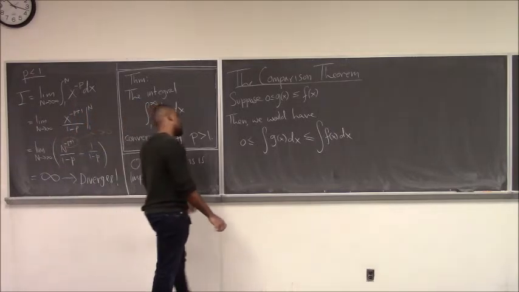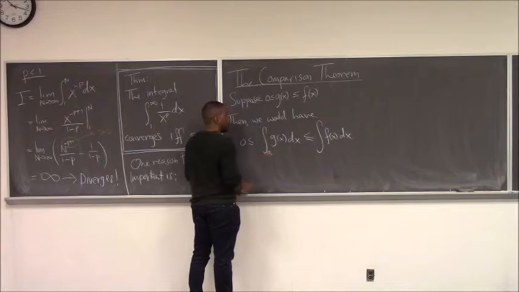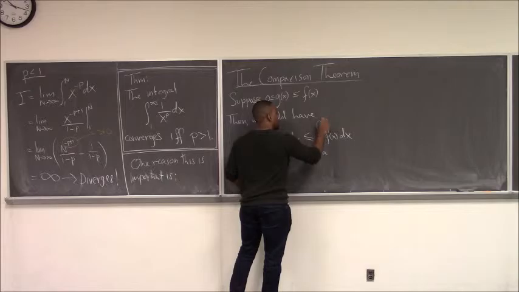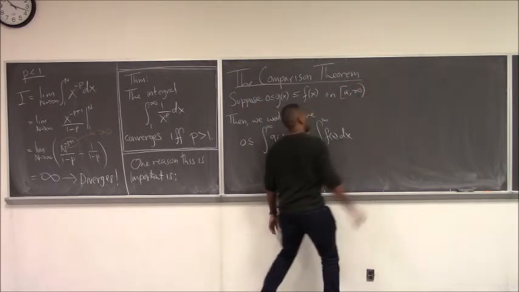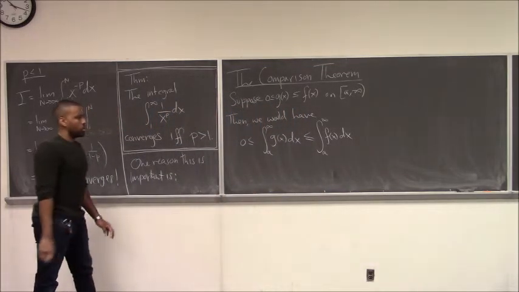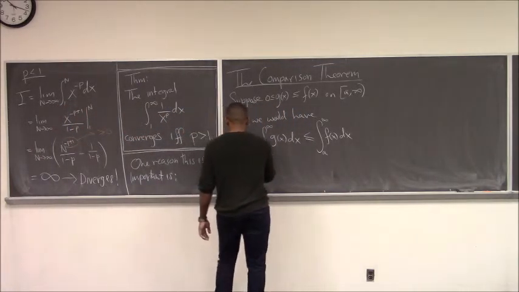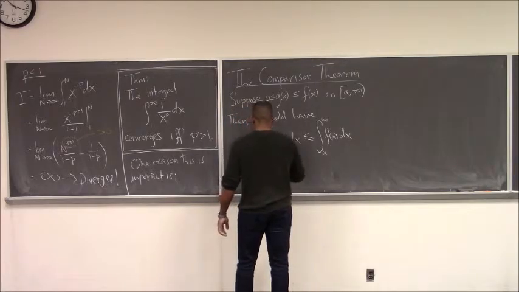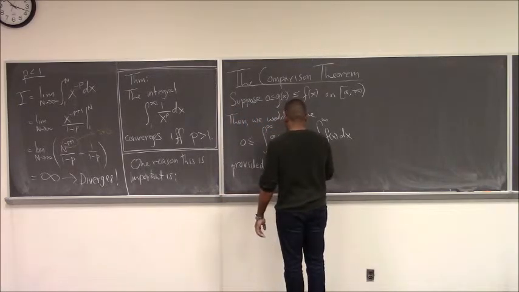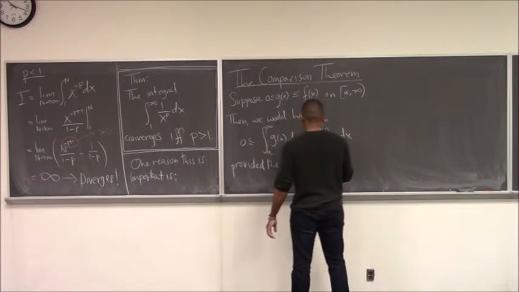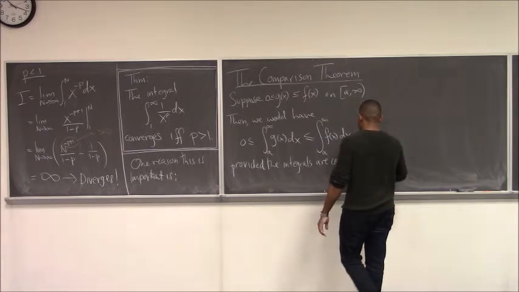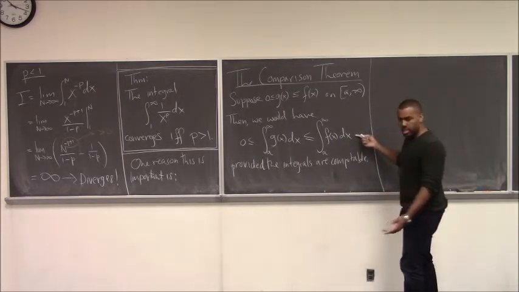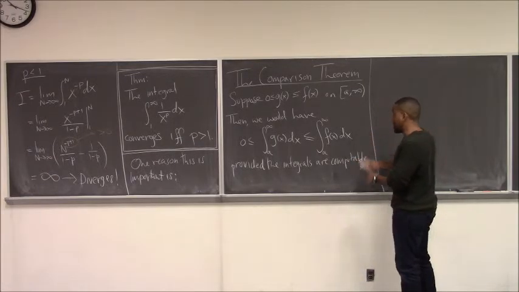I want to integrate on an infinite interval, starting from some position a all the way up to infinity. So this is true on the interval a to infinity, provided these integrals exist. So that's nothing new. That's something we actually knew 3 classes ago.